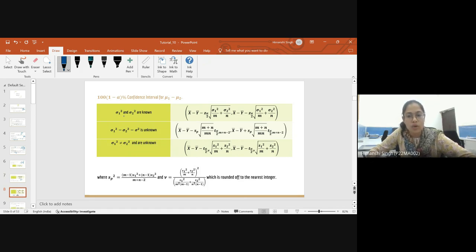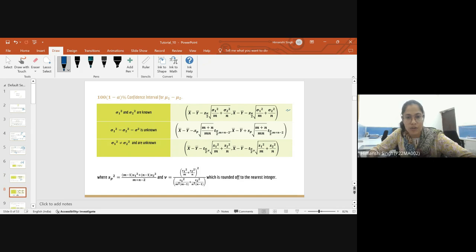If both are known, then we will have this confidence interval, where z alpha by 2 is coming from the standard normal table. If both are unknown and equal, then we have the appearance of sp, which we call the pooled sample variance.